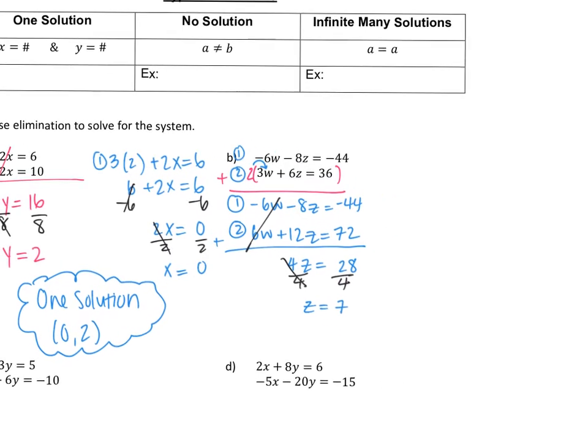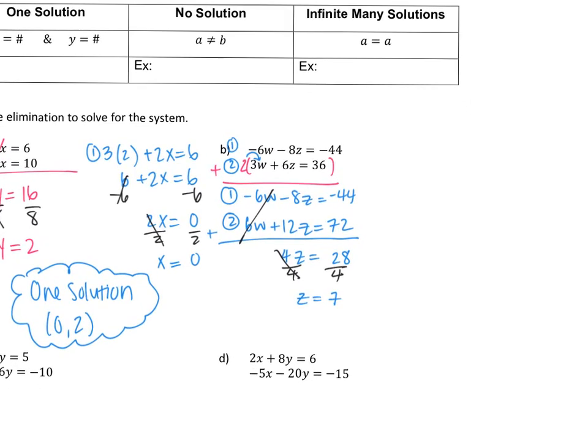All I have to do is plug in z into one of these equations. I'm going to choose the bottom equation since it has fewer negative signs. It really doesn't matter which one you choose, but I'm just going to choose the bottom one. So I'm going to choose the second equation, plug in my 7 for z, so I don't know what w is. If I plug in 7 and work this out, I get plus 42, bring down the 36.